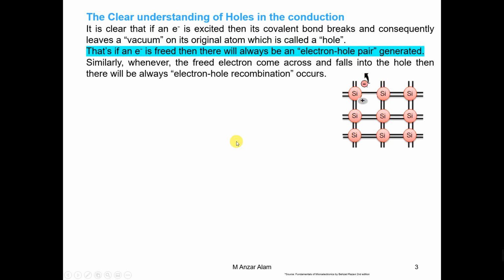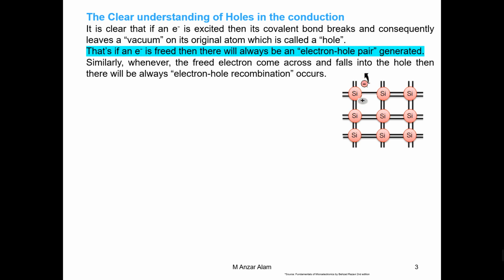On the other hand, if this electron or any electron comes close to this hole and falls inside it, the electron and this hole pair will diminish. The pair will be annihilated, completely destroyed.